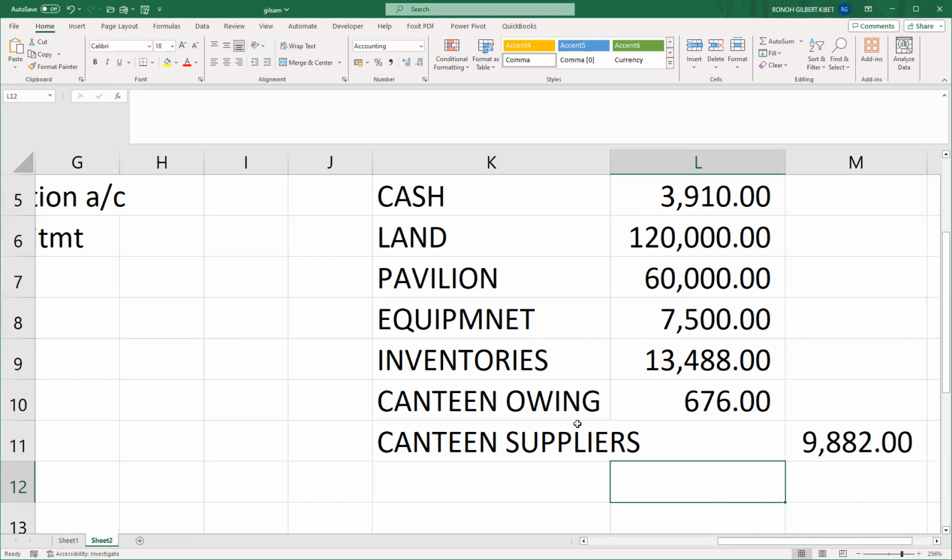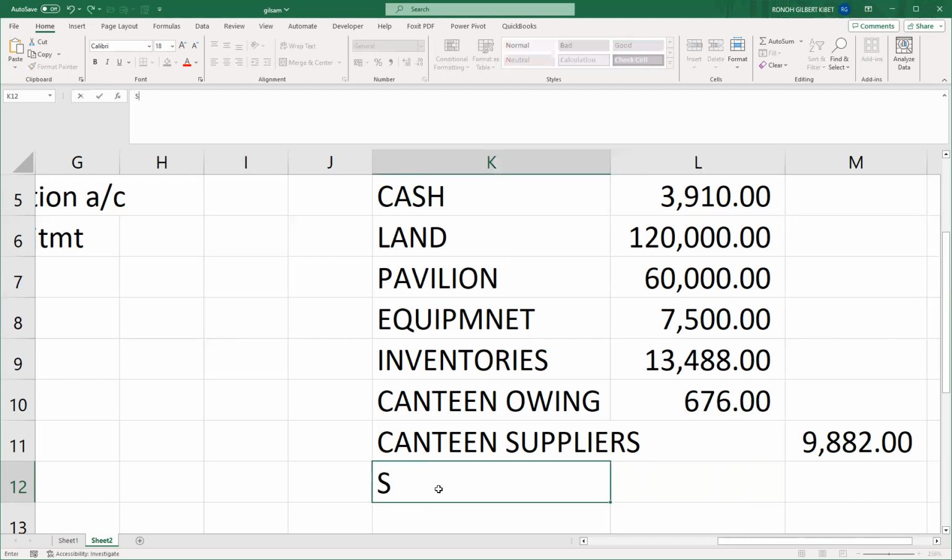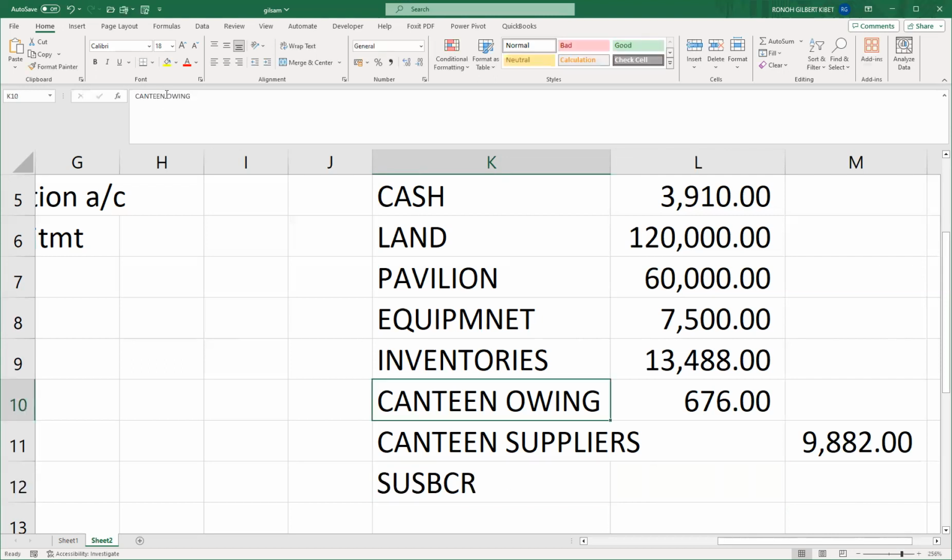We have canteen expenses and canteen suppliers. They are two different things.